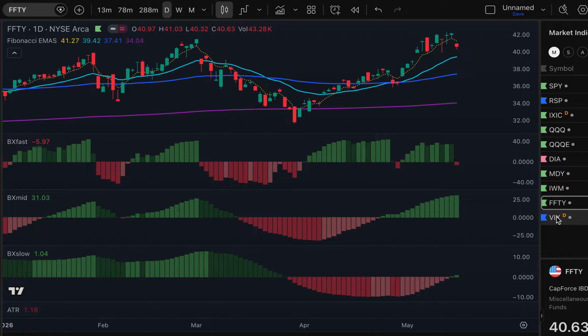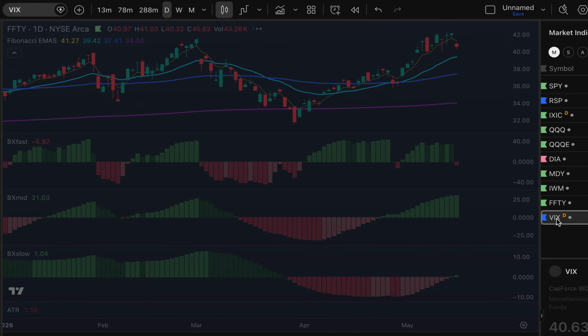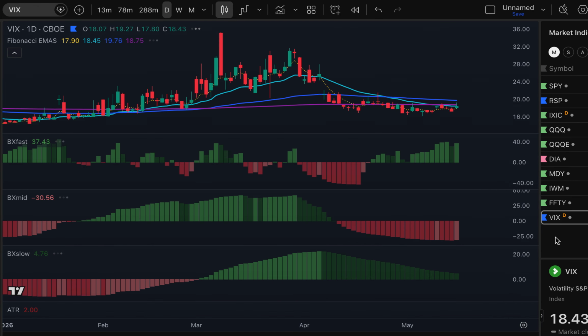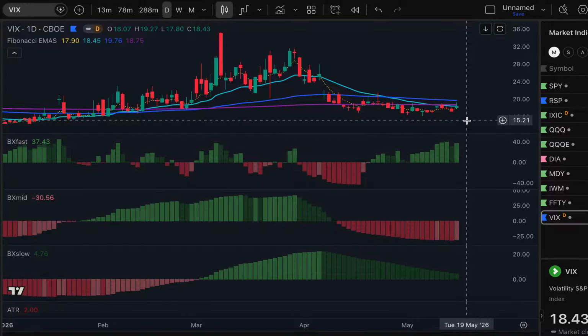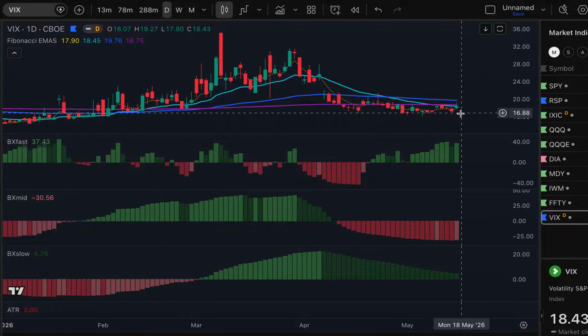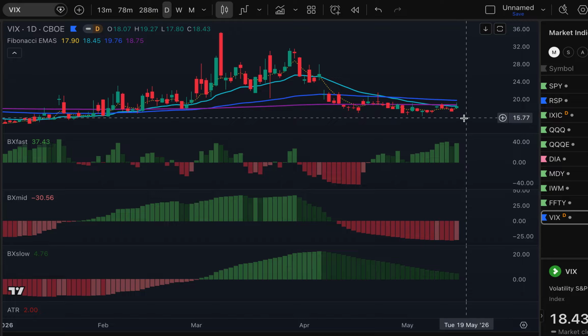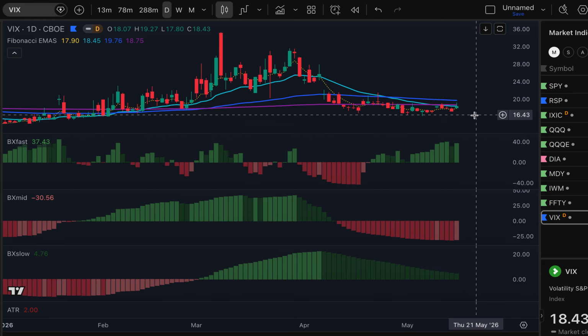And then next is the volatility index, the VIX. This gives an idea of what the volatility is in the market by measuring something using the options market on the S&P 500. And what you want to see is this low, under 20. Currently the value is at 18.43.